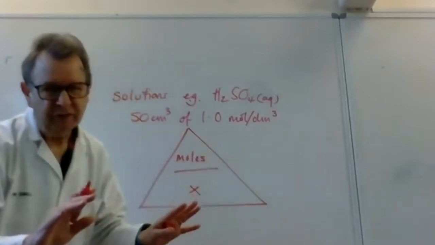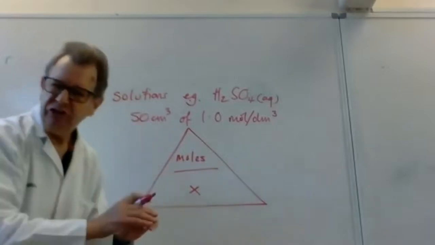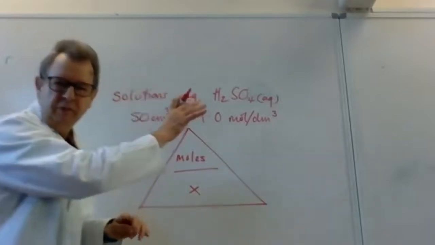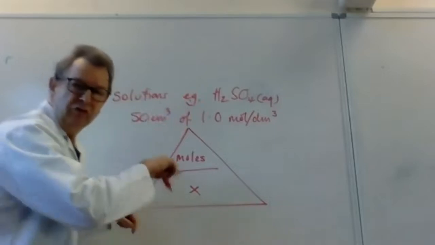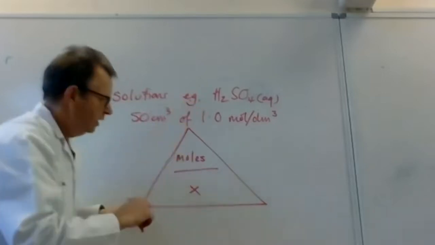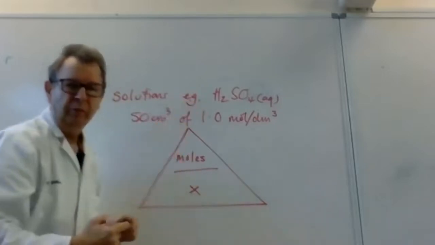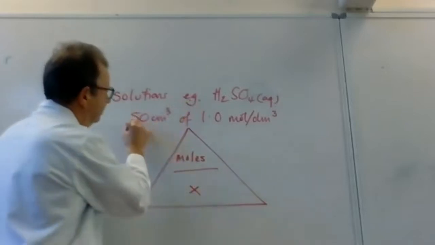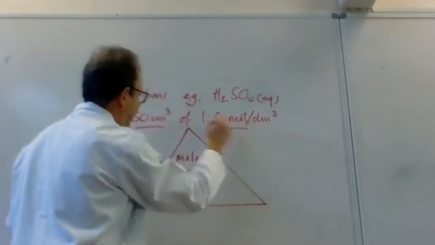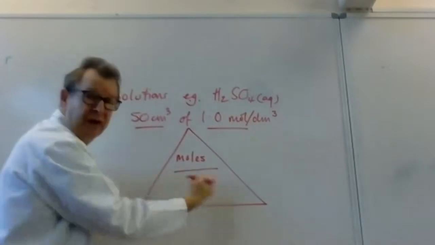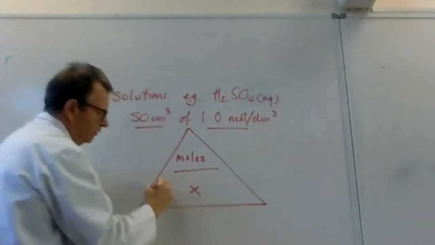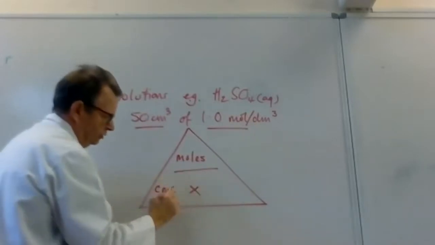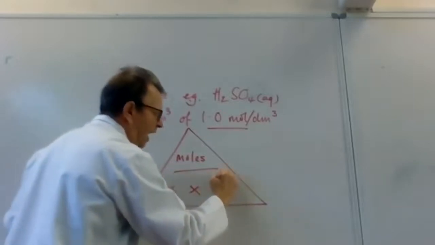Now, that's pretty stupid, right? But this is solutions. You just remember that the moles are at the top. In the solid, moles RAM underground. In the solutions, the moles are at the top. And the two other things, the volume and the concentration, go down here. It doesn't matter which side, does it? So this is concentration and this is volume.